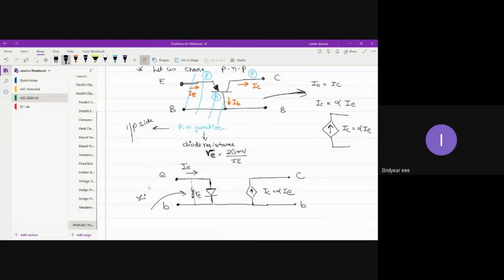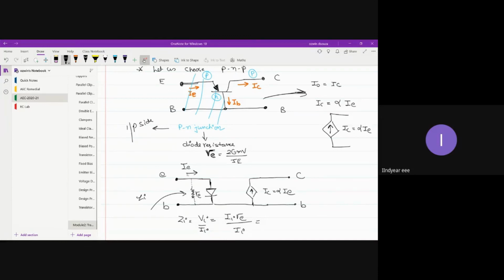Now over here, you have to once again check ZI. In this case, ZI is VI by II. VI is current into resistance, so this is II into resistance, divided by II.